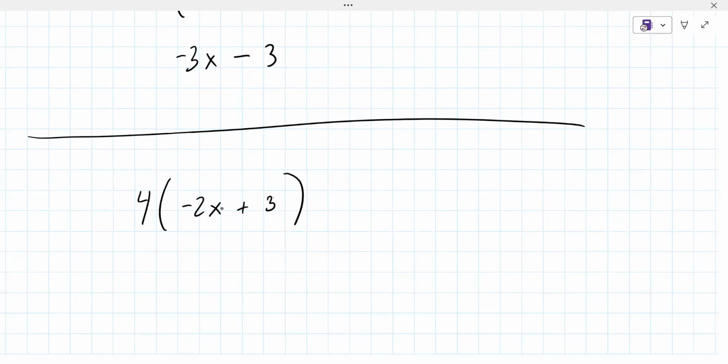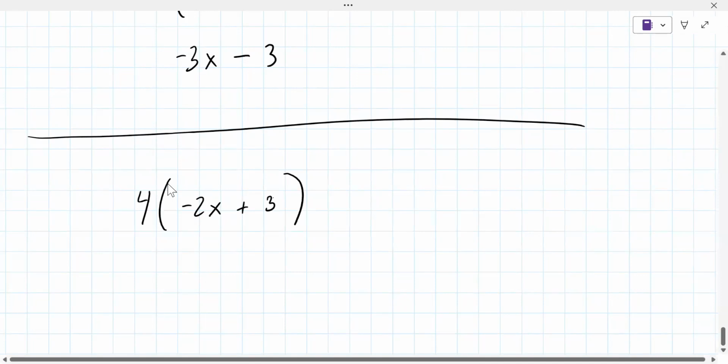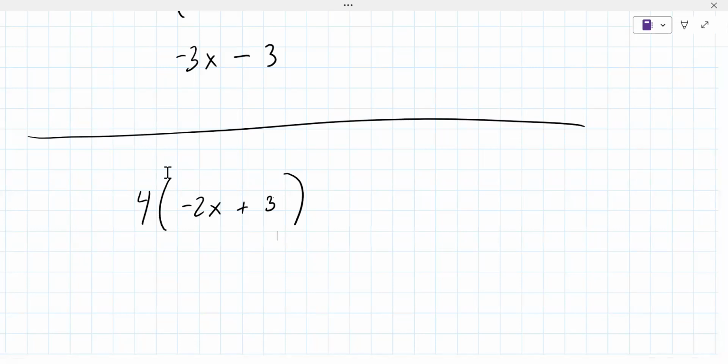Would it be a negative answer since they're opposite signs? Well, it's a positive times a negative. Do you remember what that is from our, it's like division, I guess I could say. Would it be -8? -8x, because the x comes with it.